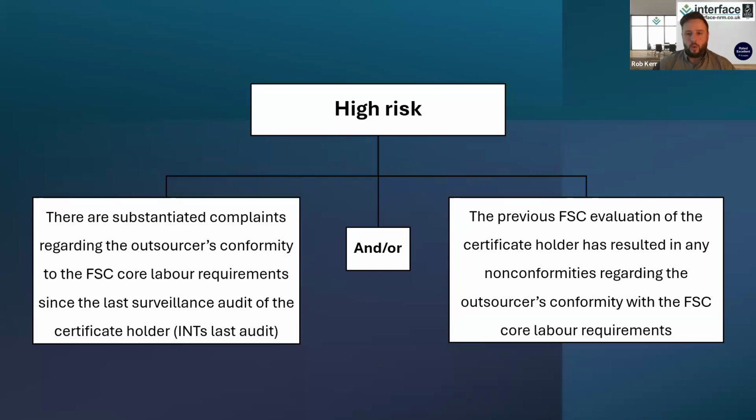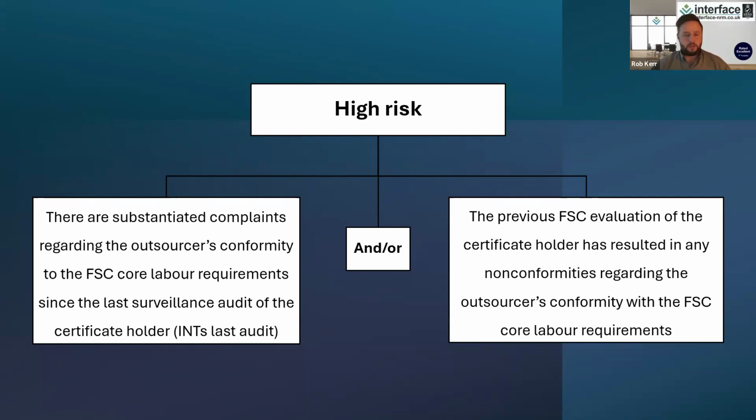So what would constitute a high-risk outsourcer? An outsourcer would be classed as high risk automatically if there are any substantiated concerns since our last audit of you. So if we've audited you and then between then and our next evaluation there have been substantiated concerns regarding your outsourcer's conformance, that would then deem the outsourcer to be high risk.